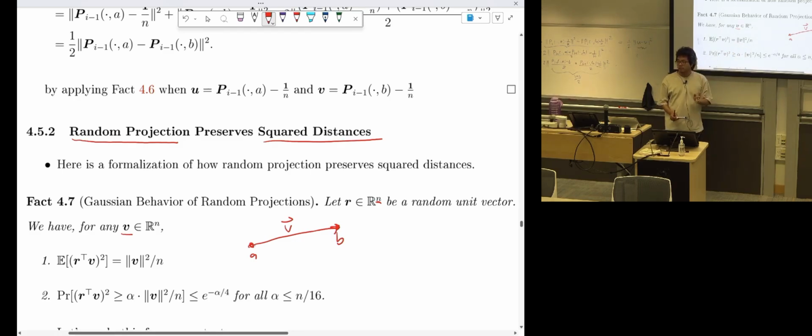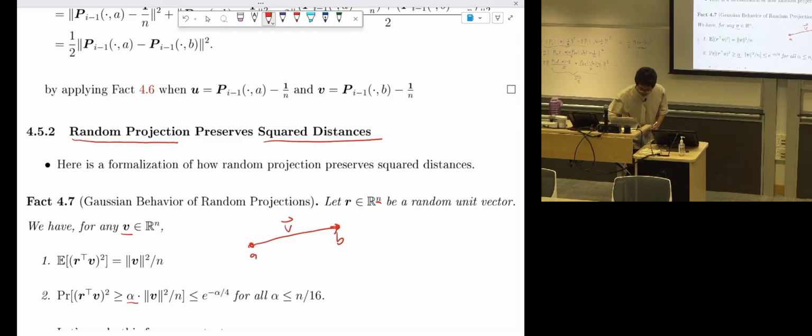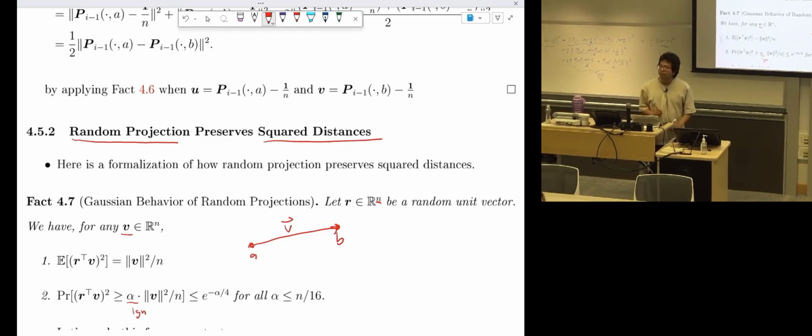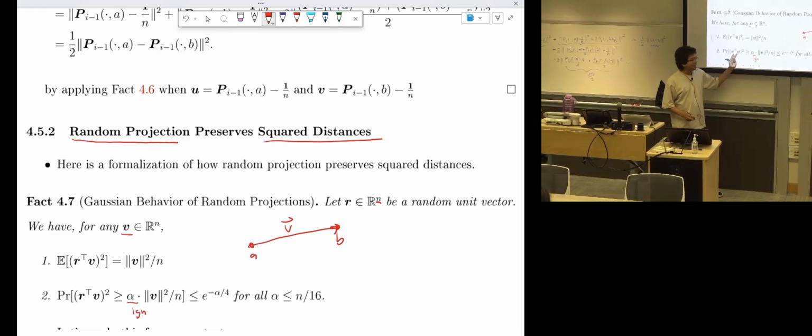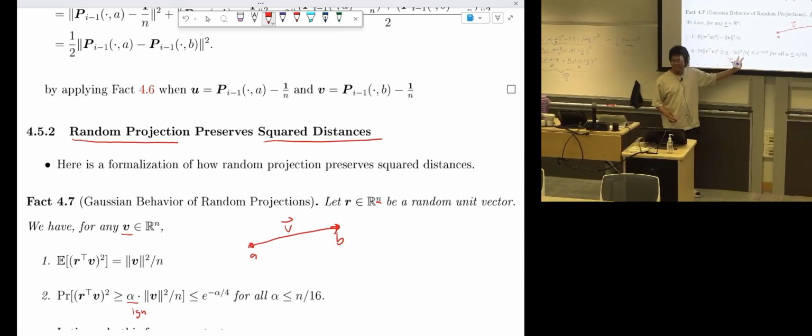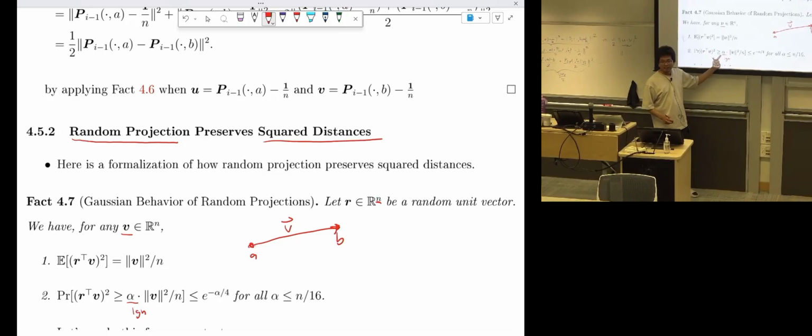Not just that, we have a nice tail bound. Think of alpha as log n. If you look at the probability that the size square is more than the expectation by an alpha factor, that probability is exponentially small in alpha.